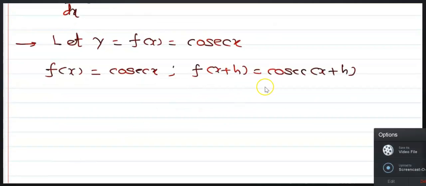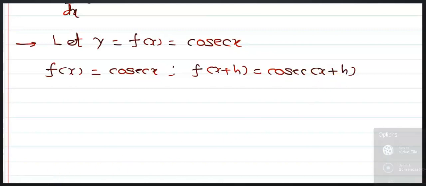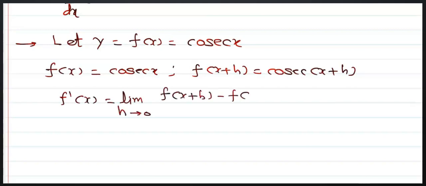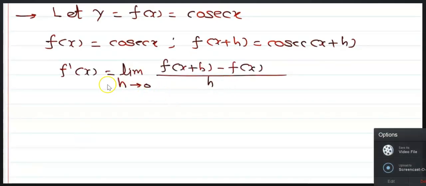Now what is the value of f of x plus h? That is x is replaced by x plus h. Therefore f dash of x is equals to limit h tends to 0, f of x plus h minus f of x upon h.